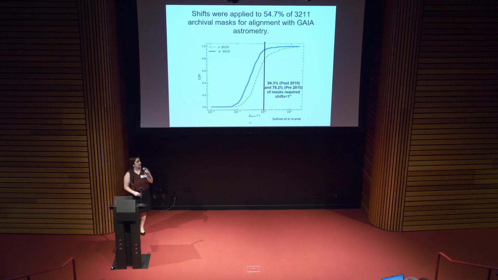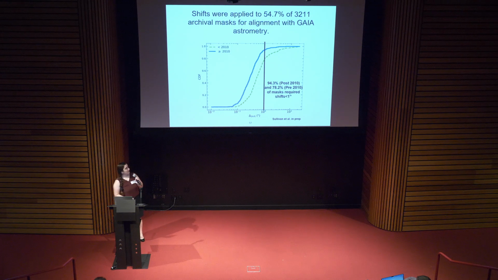But when we run the entirety of the set of archival masks that were created from about June of 2020 before, and look at what corrections were necessary, we needed corrections to a little over half, about 55% of the masks.